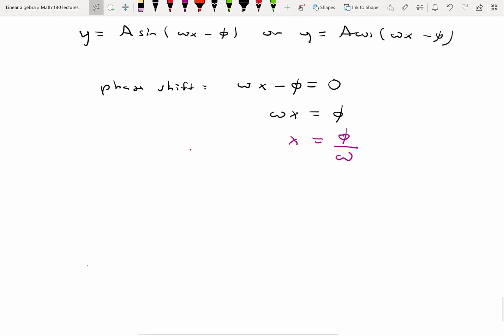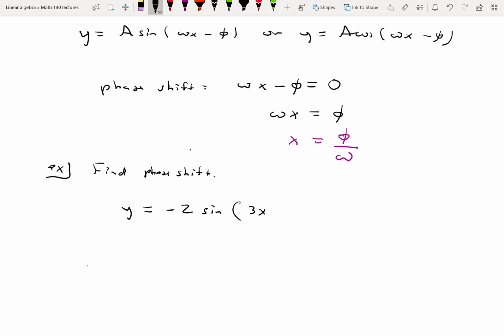So just a real quick example before we go to the calculator. If I want to find the phase shift, and I have something like y equals, I'm just making this up, negative 2 sine(3x plus pi over 2).